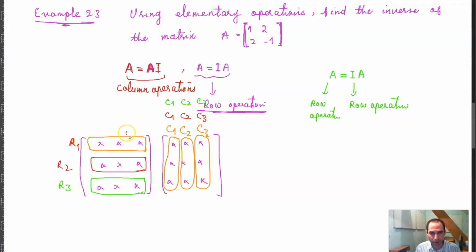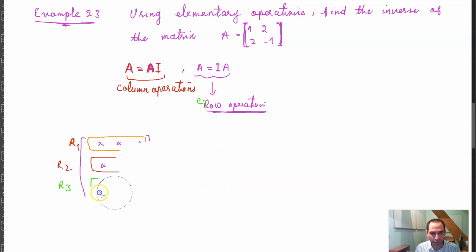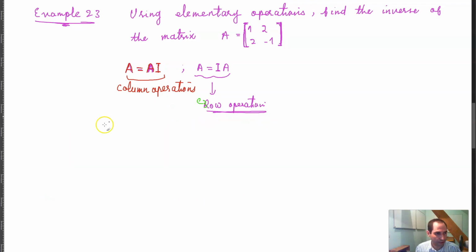Now what is the goal of doing all this? The goal is, for example, to take the equation A is equal to AI, and do column operations on this matrix.